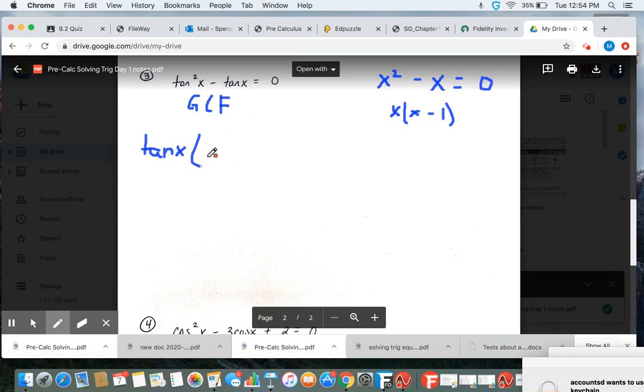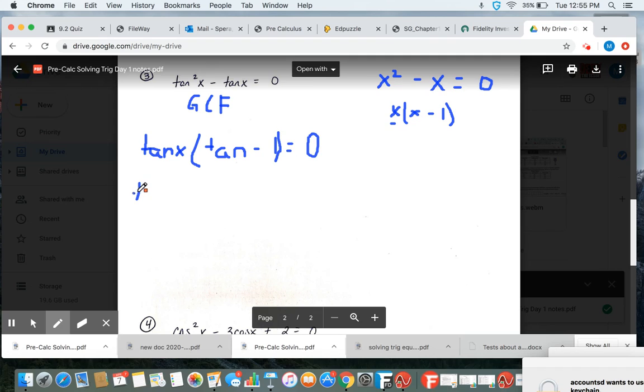If I do so, I'm left with tangent x minus 1. All right. Now, just like we did up here, we would have to continue solving by taking each factor, tan x and tan x minus 1, and setting it equal to 0 and solving. So I'm going to do the same thing.